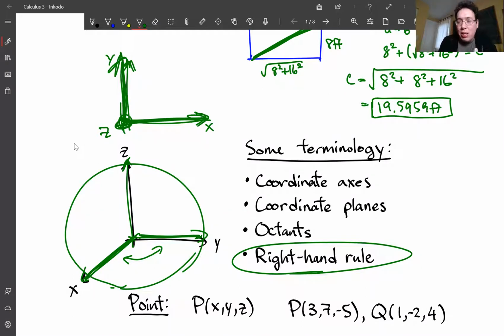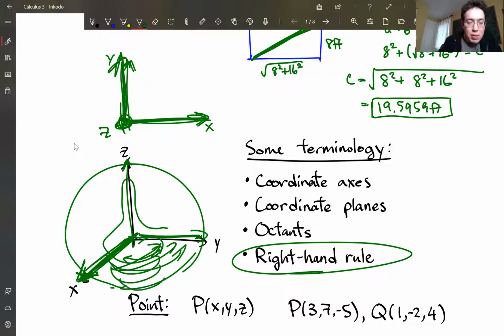So imagine holding up your fingers towards the x-axis here, coming out of the screen towards your face, and curl your fingers in the y direction, and your thumb should be pointing up in the z direction if you're using your right hand. So that's the right-hand rule. That's how we're going to determine if the x and y axes are put on right in the PVC model. Okay. So the x, y, and z axes, those are called coordinate axes.